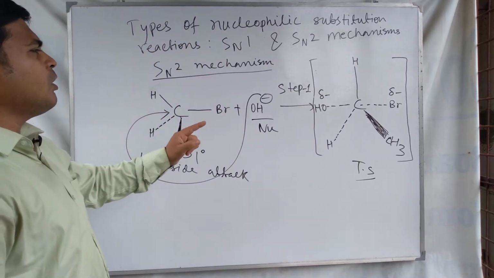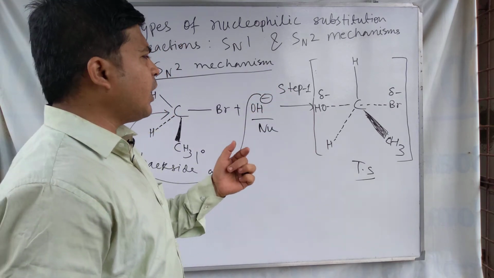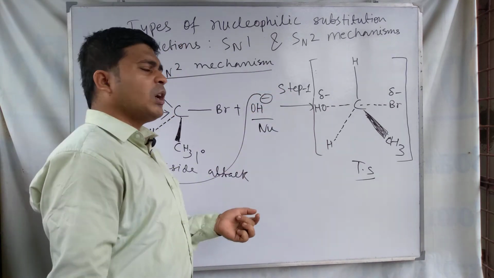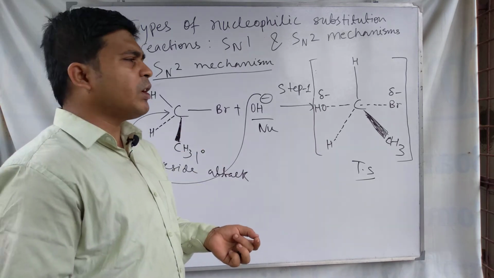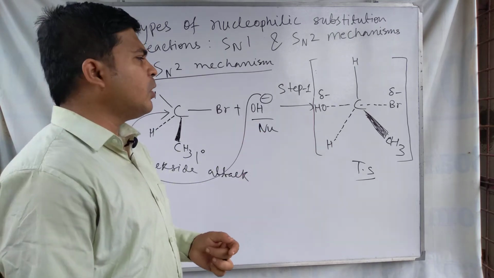In step 1, at first the intermediate, this transition state, is formed, which is a very unstable transition state. After forming, it quickly converts to the product.